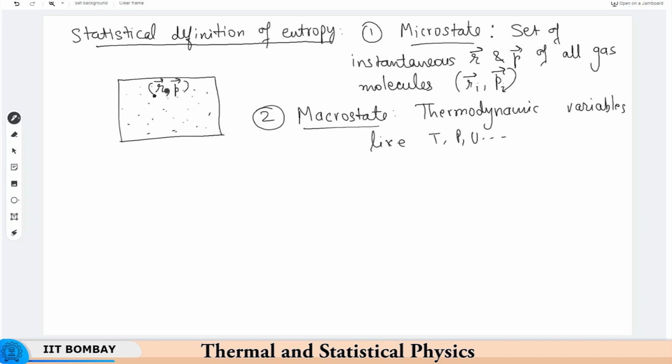And you can already imagine that to get the temperature of this room to be exactly equal to 25 degrees Celsius, it does not matter whether molecule number 1 is moving with a certain velocity or molecule number 2 is. I can always exchange their velocity magnitudes between each other, but the temperature of the room will not change. Similarly, I can switch the positions of these two molecules, and the temperature of the room will not change.